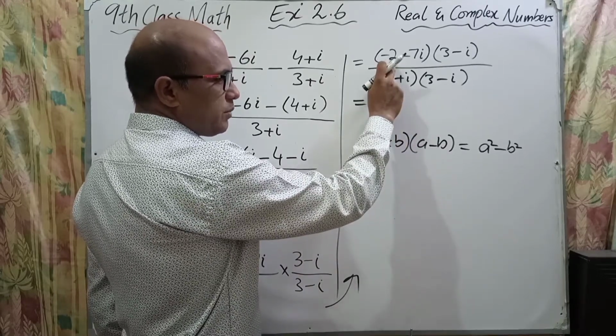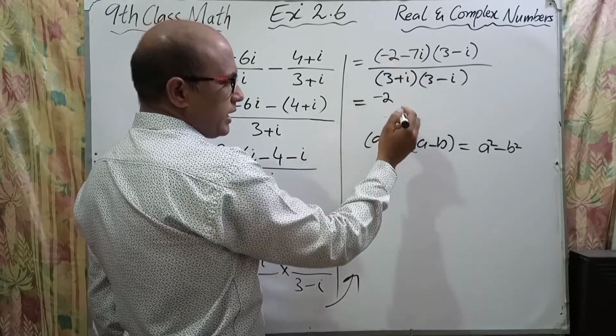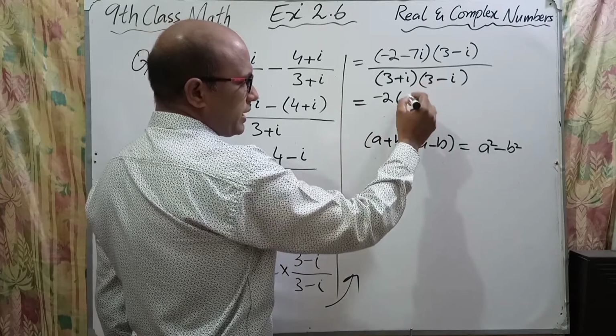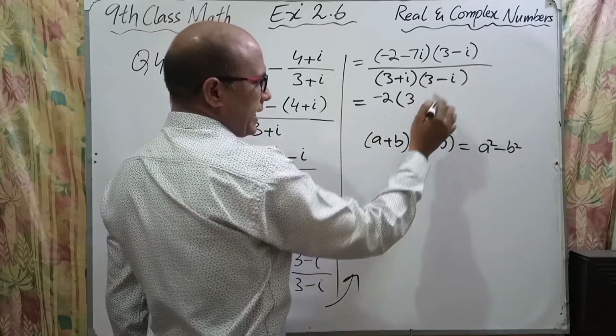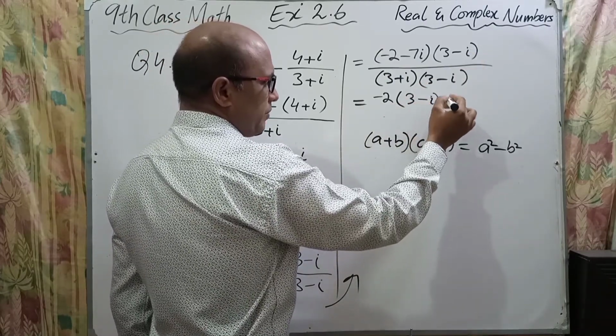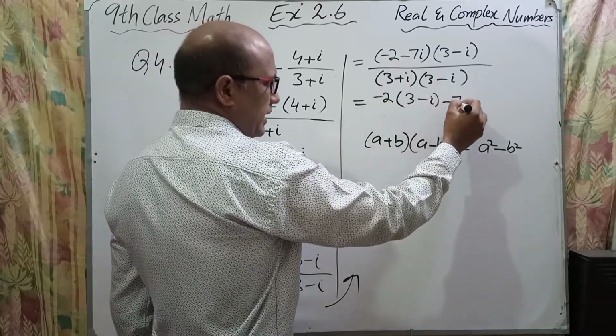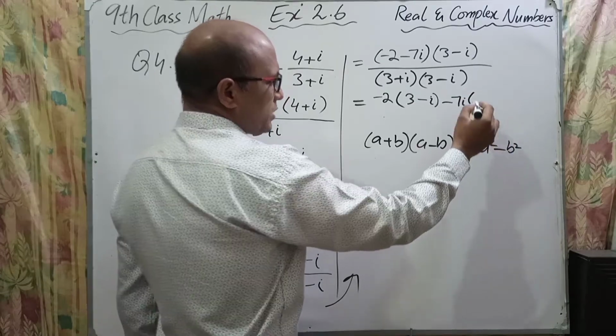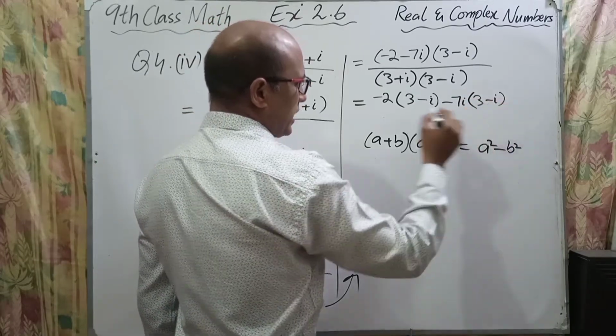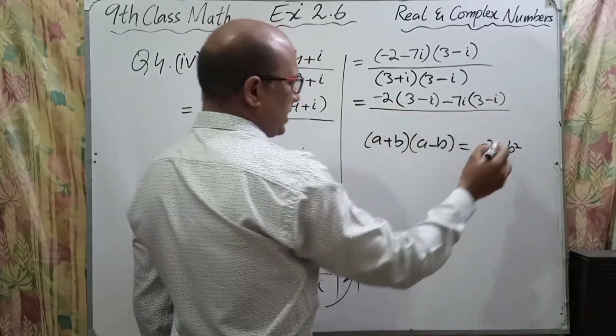The first term of the first bracket is minus 2. Minus 2 will be multiplied by the whole bracket 3 minus iota, and then the second term of the first bracket is minus 7 iota into 3 minus iota, and the whole divided by.